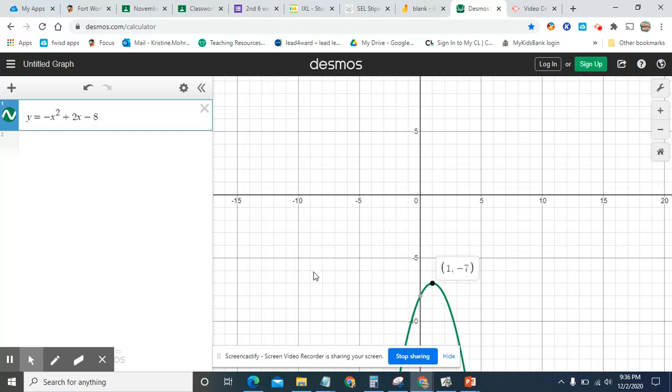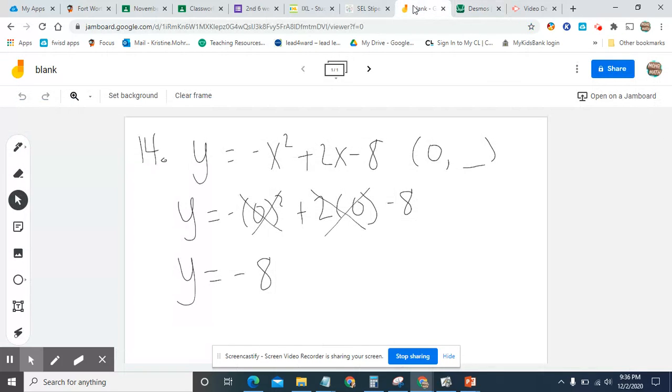All right. Oh, that's the vertex, the y-intercept, where it crosses the y-axis. I was like, oh no, I got the answer wrong. Here at negative 8. So that's what we had for the y-intercept, negative 8. So we can actually even fill it in here, negative 8. I'm not sure how your teacher is asking it because there's not a parentheses to write it like this. So she may just be asking you to write it, or he may just be asking you to write it like this. I'm not sure.